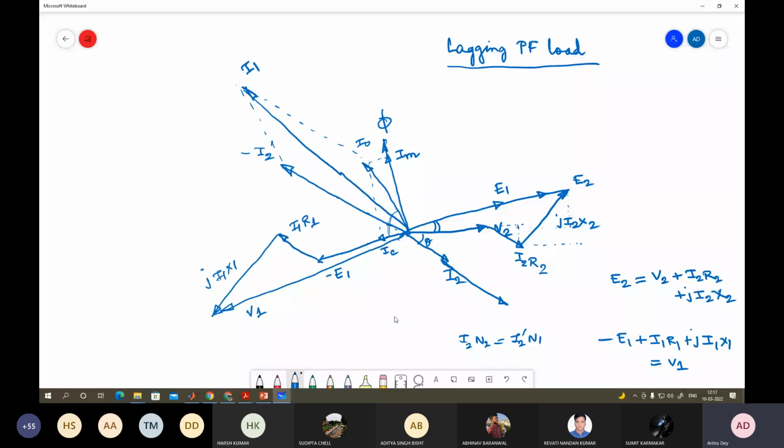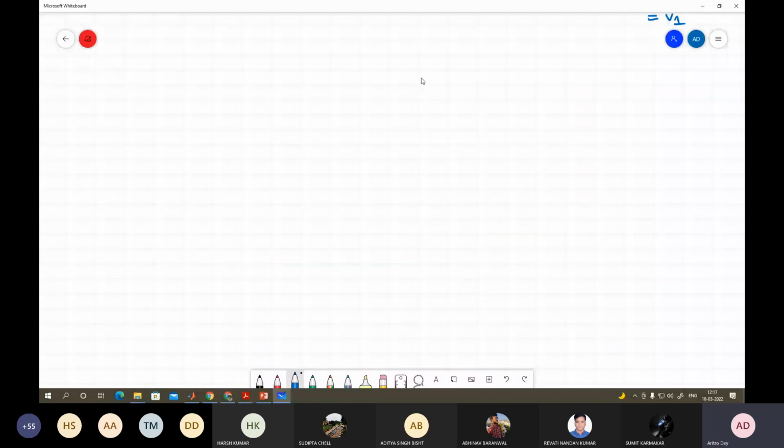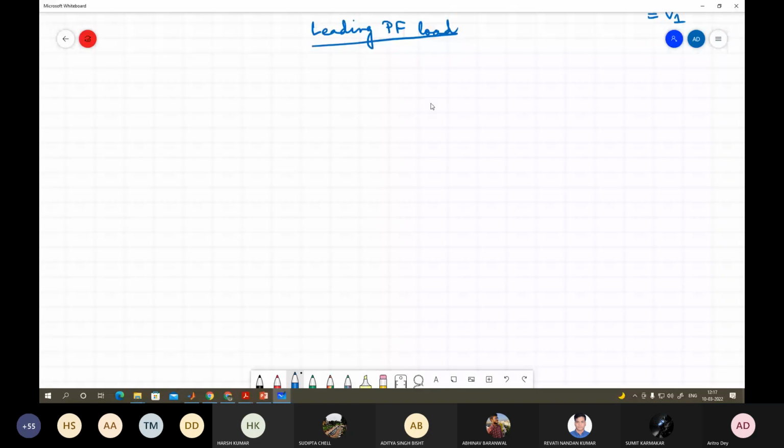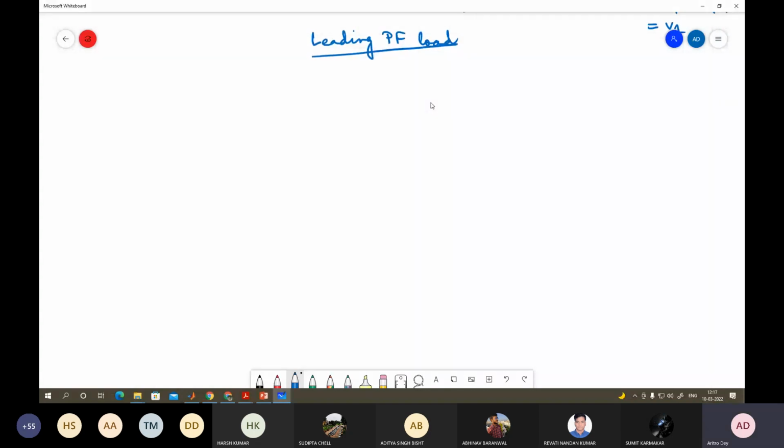Let me draw it for the leading PF once. So the procedure is the same. Now it is for the leading PF load. So let us again start from V2. This is theta. So this is a leading PF.